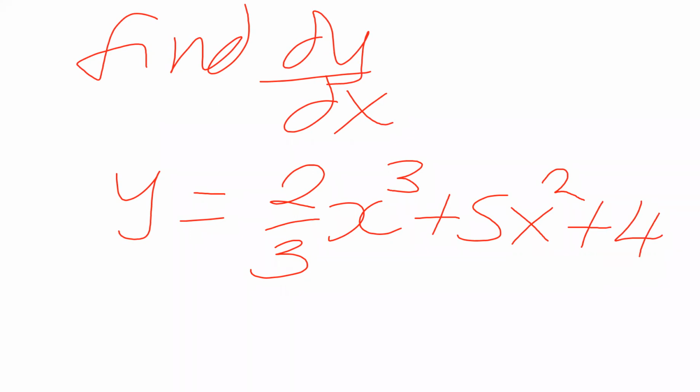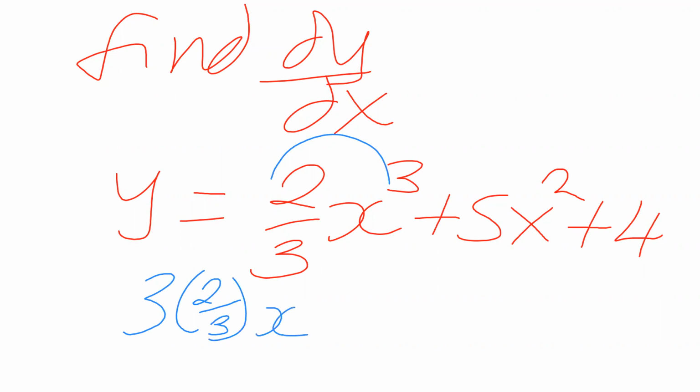So just as usual, the rule is still the same. Drop the exponent, so you have 3 multiplied by 2 over 3 x. Now this 3 minus 1, since you are always reducing by 1, we have 2. So 3 here, the exponent minus 1.